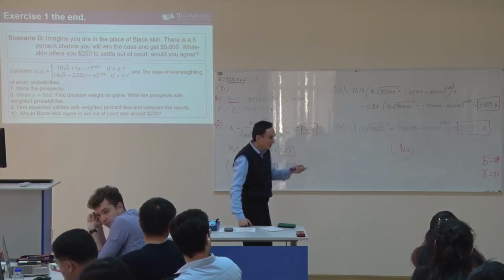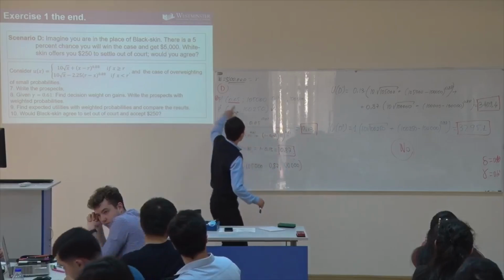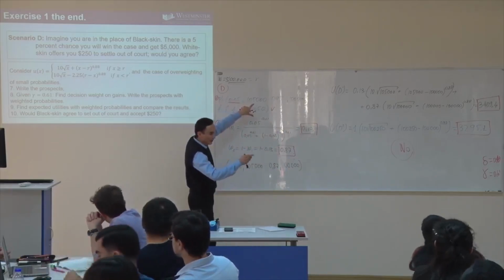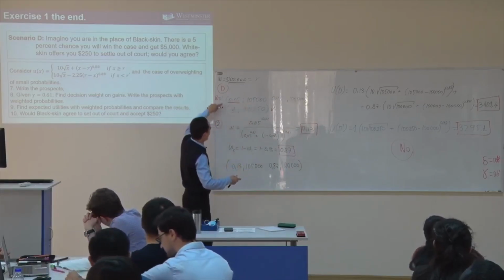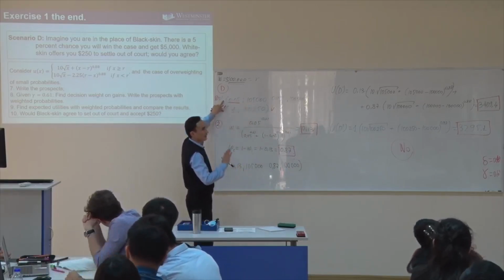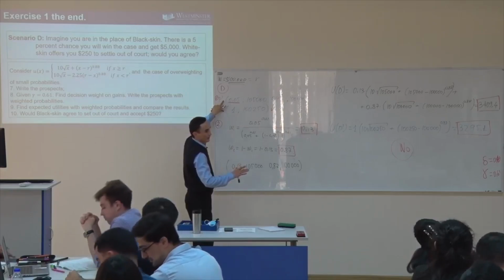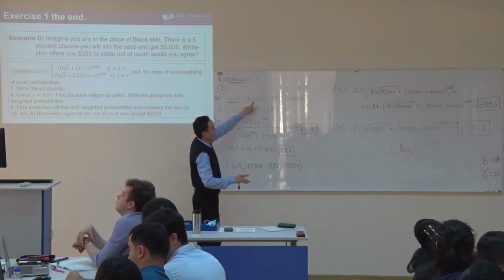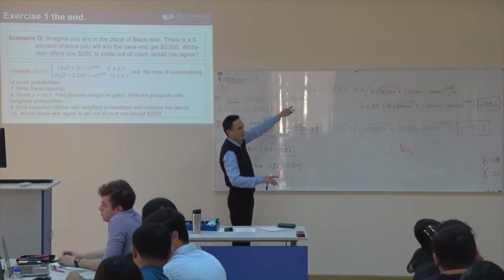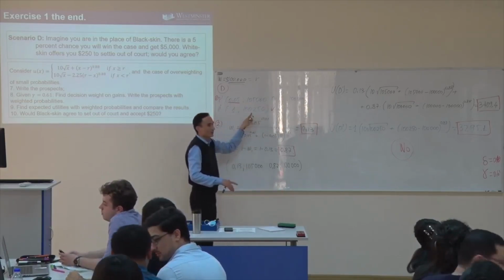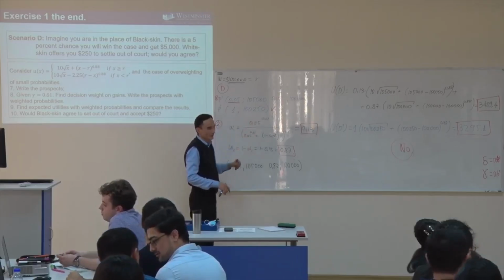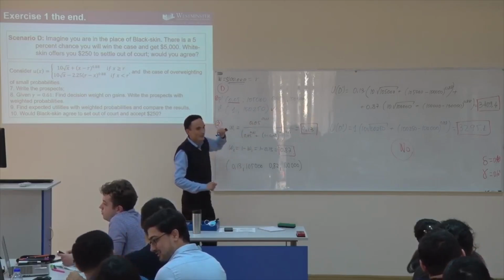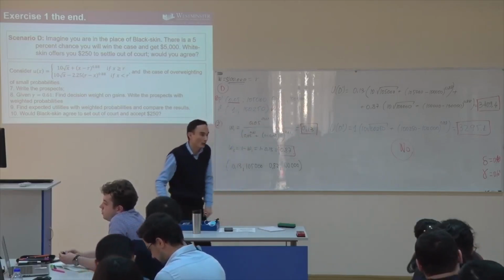So actually, students, if you are going to calculate this one with linear expected utility, expected utility from both is exactly the same. 5% multiplied by 105,000 plus 95% times 100,000 will be equal to 100,150. So a person is in a dilemma. Which one should I choose, okay? So now we are considering the overweighting case.